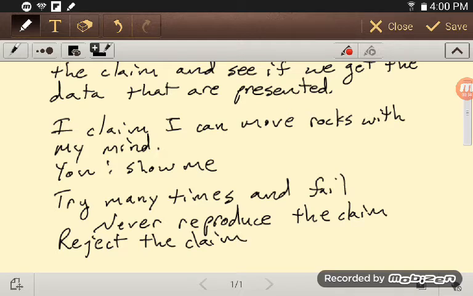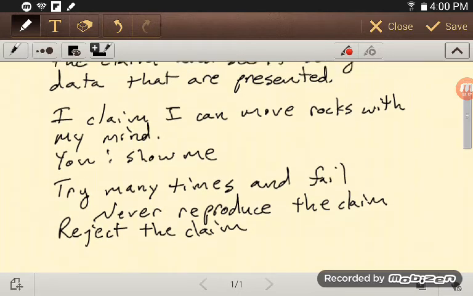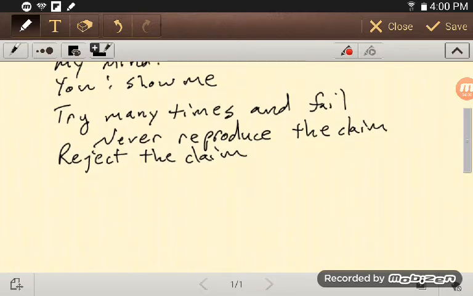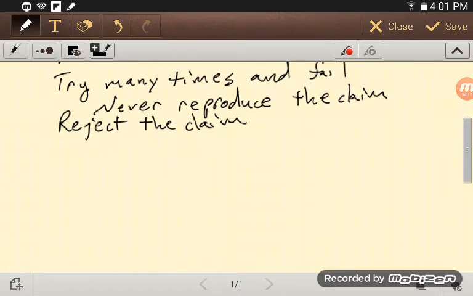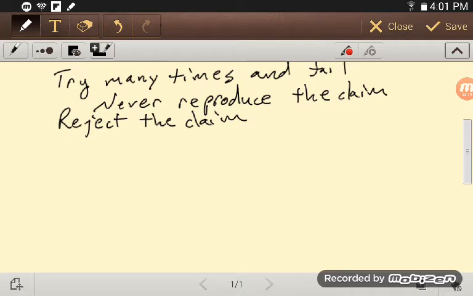Now, it's going to be a little bit different for us in a way, in that actually our claim often we do want to reject, but we'll start with some ideas that are a little more like the case I just mentioned with trying to move things with my mind. And so that's our overview.